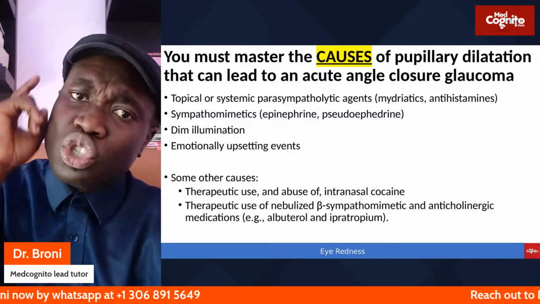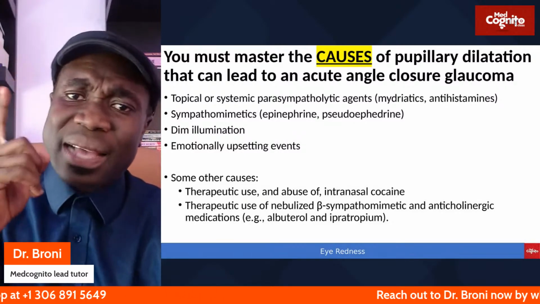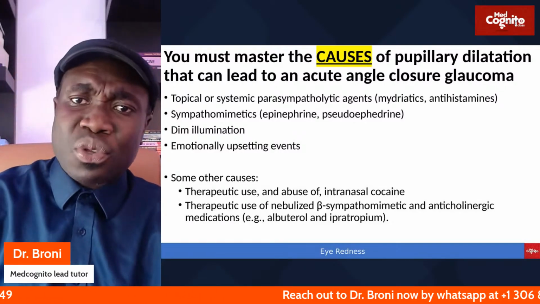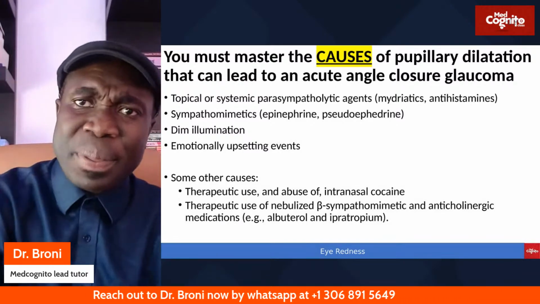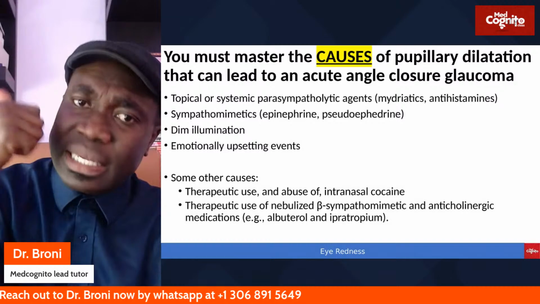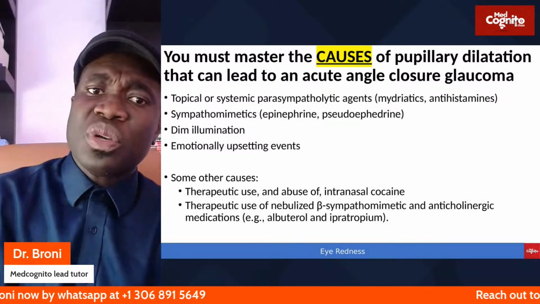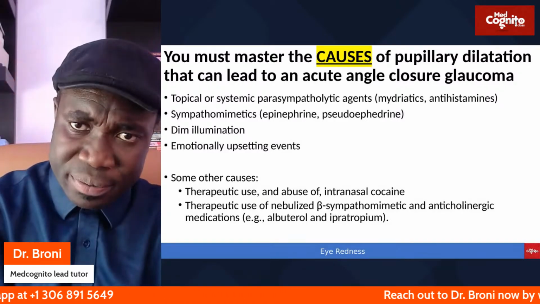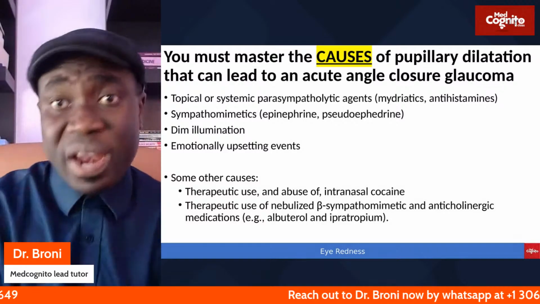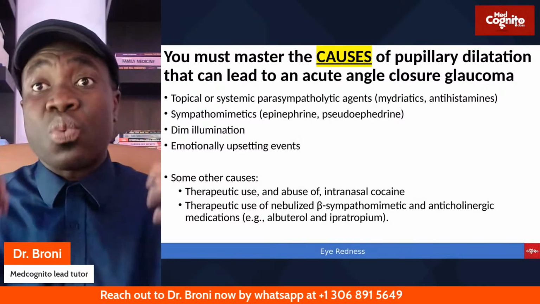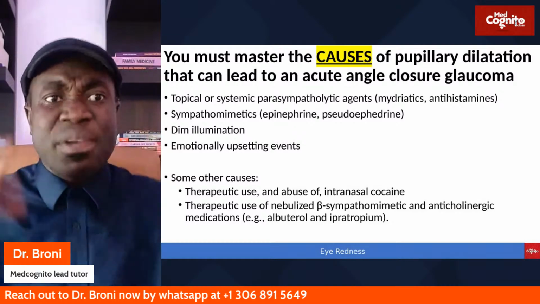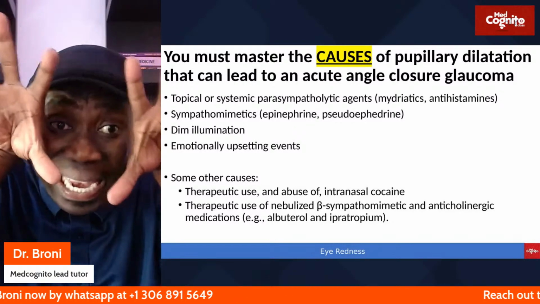So first, topical or systemic parasympatholytic agents. If a patient takes an antihistamine or a mydriatic, these can lead to it. Number 2, if a patient takes epinephrine or pseudoephedrine for whatever reason. Number 3, if the place has dim illumination. Why? Because in a place with dim illumination, your pupils want to dilate, right?